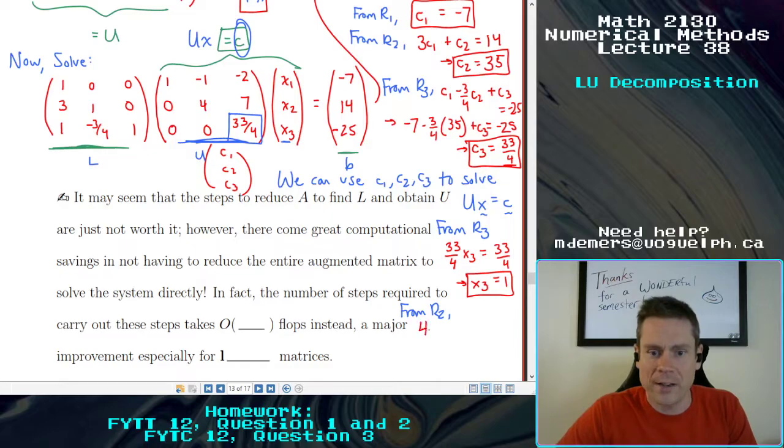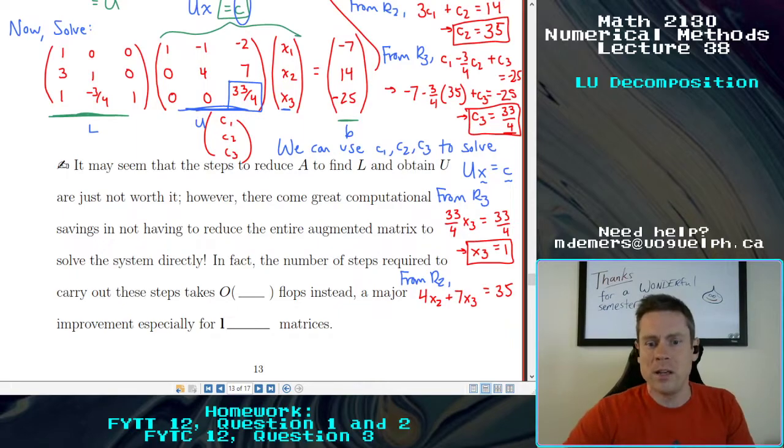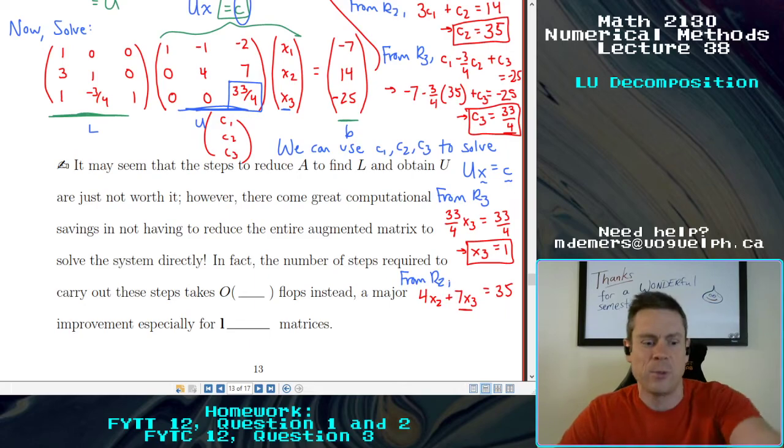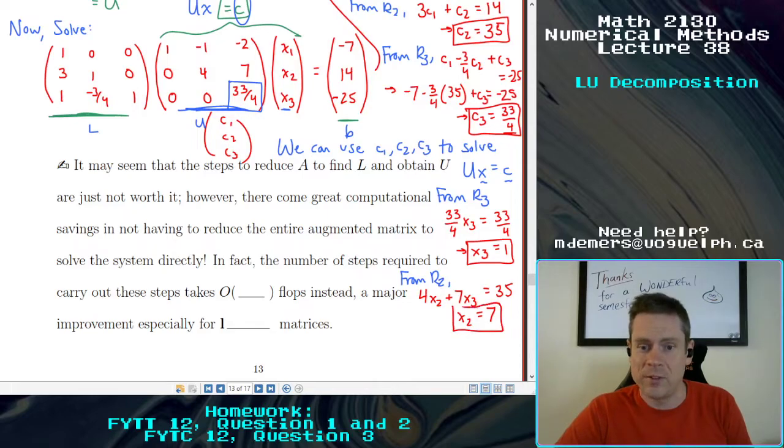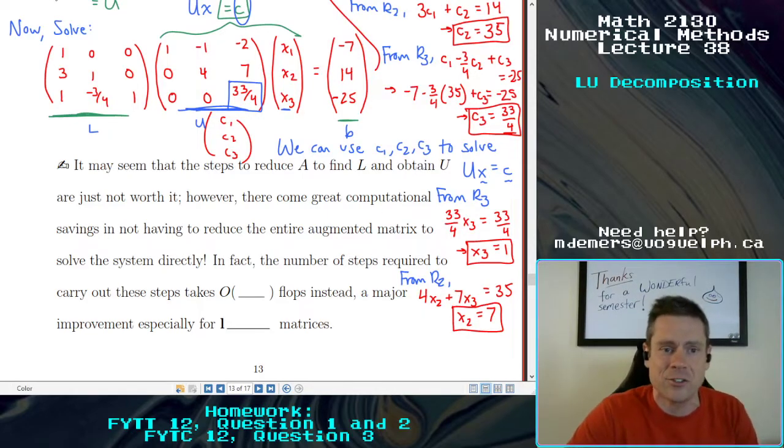So 4x2 plus 7x3 equals our c2, which is 35. We found x3 to be 1, and if x3 is 1, then we take over a 7 here, and we get 4x2 equals 28, which means that x2 is equal to 7. Just doing a little bit of algebra, and you'll remember that x2 equals 7 was the answer that we got in that last lecture.